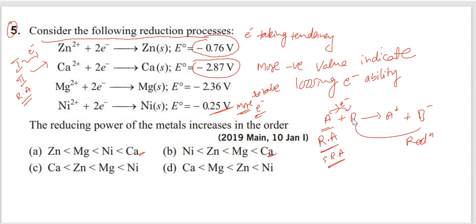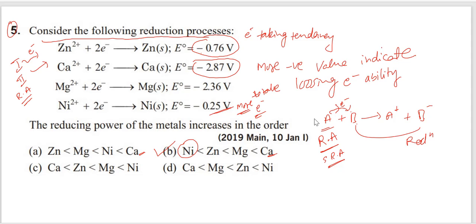Losing tendency ज़्यादा होना चाहिए. Losing tendency ज़्यादा है तो good reducing agent. But nickel is electron taking. It is not losing indirectly. It is not ready to lose. So nickel has least reducing character, least reducing power. So your answer will be B.